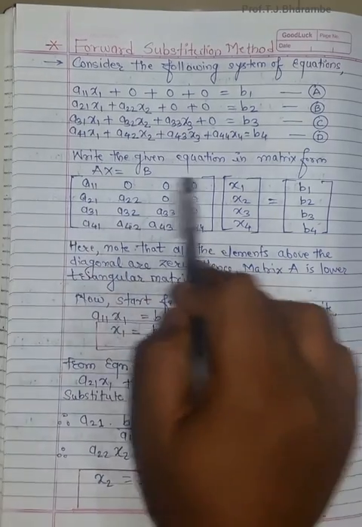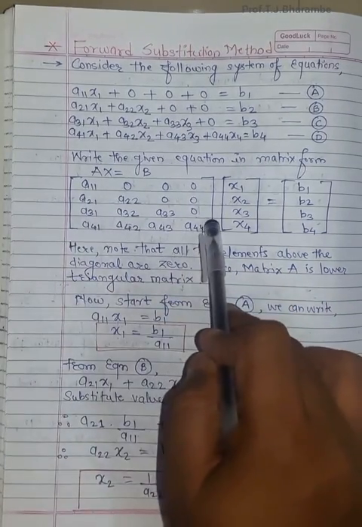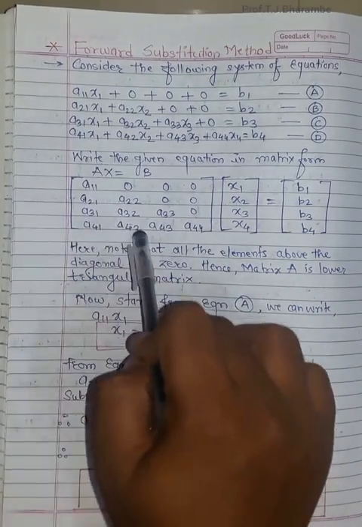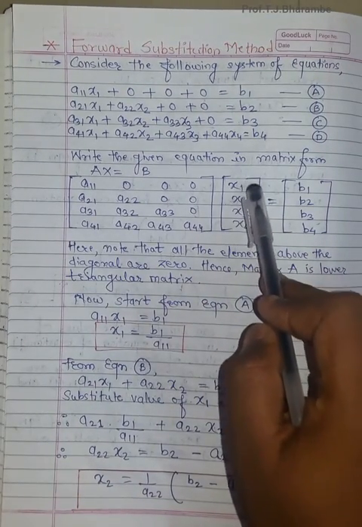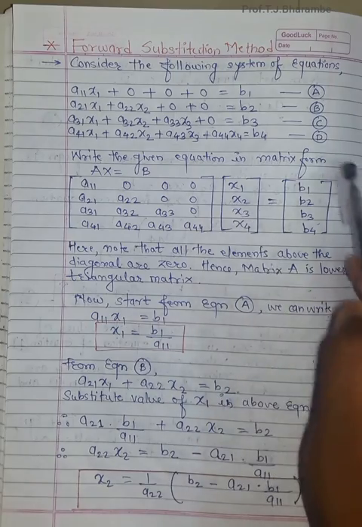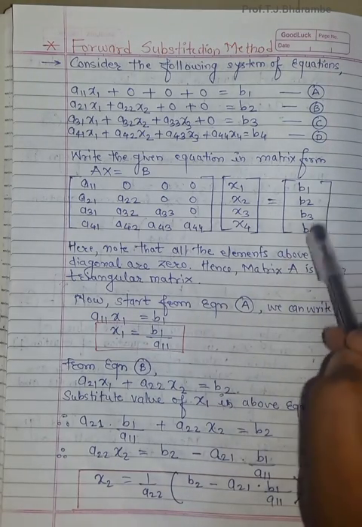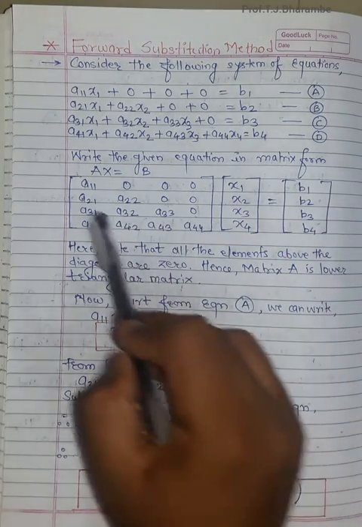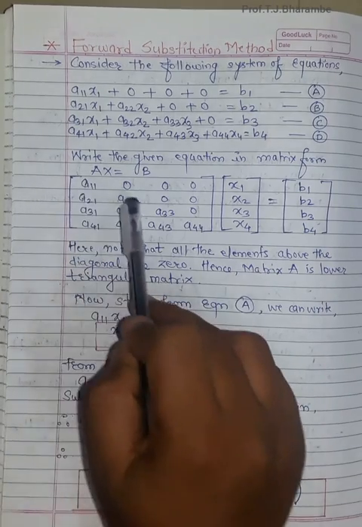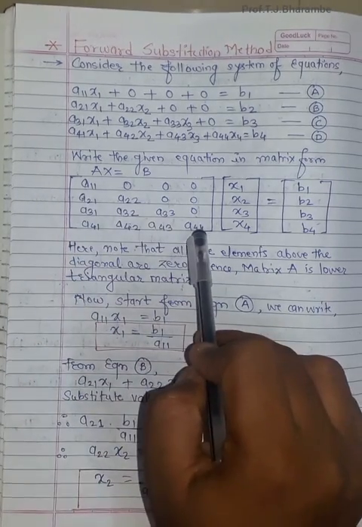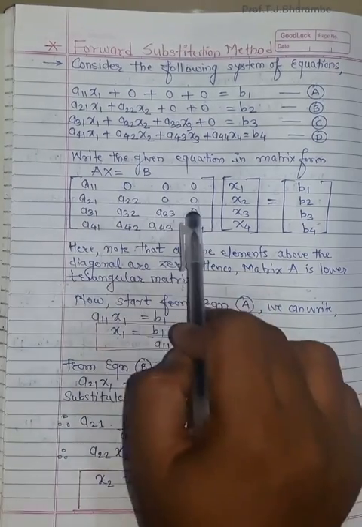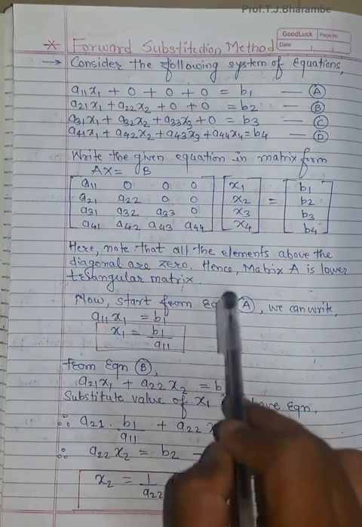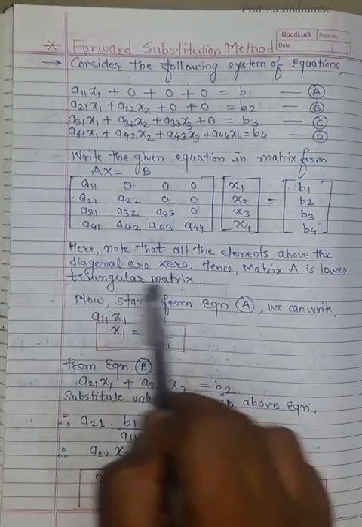This is matrix A, the coefficient matrix, this is the unknown variable matrix, that is x1 x2 x3 x4, and this is the right hand side matrix, the B matrix. These are the diagonal elements a11 a22 a33 a44, and above these diagonal elements all the elements are 0, therefore it is called a lower triangular matrix.